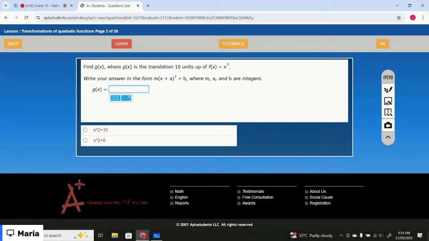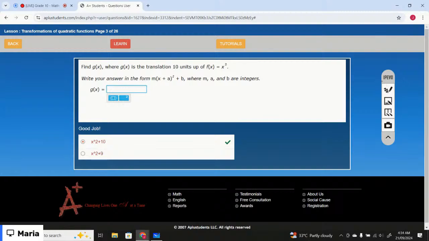The correct option is option number 1, that is x squared plus 10.